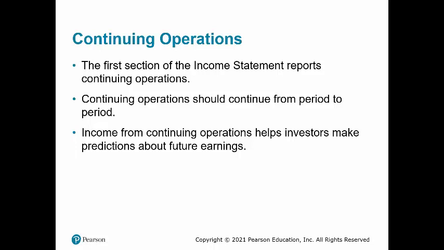If there is income coming from part of the business that's not going to continue in the future, we don't want the investors to be misled. So the income that Kevin's Vintage Guitars shows from continuing operations should be a good predictor of what they are going to be earning in the future, and that's important to investors.